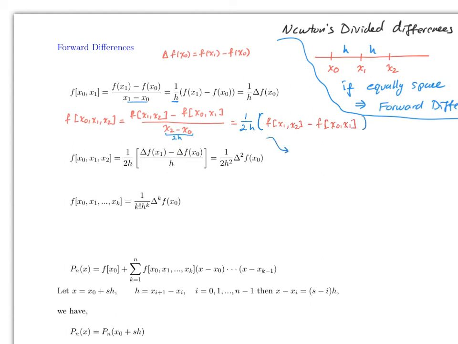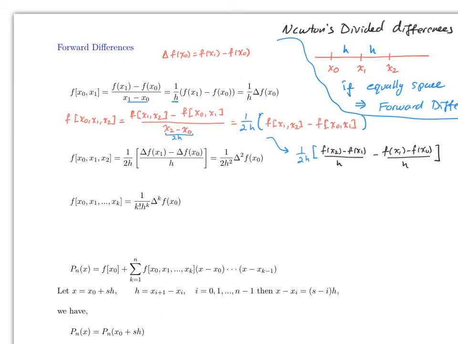But by definition, the first divided difference is going to be equal to f of x2 minus f of x1 divided by h, and then minus f of x1 minus f of x0 divided by h also. Remember that this is x2 minus x1 and this is x1 minus x0, which is just h.